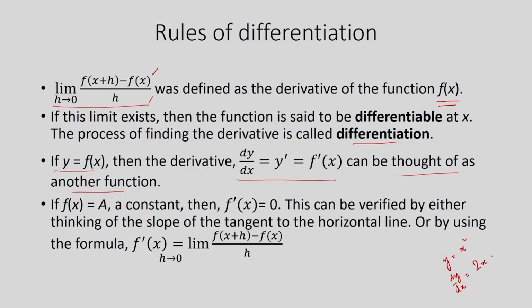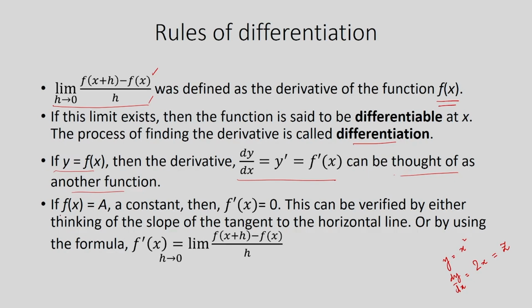Now, this can be seen as a different function altogether. Let us call this as z, right. Z is equal to dy dx. Now, one can see that z itself is a function of x. Okay. So, that is the simple point that is being made, that if you take the derivative of a function, then the derivative itself is a function.